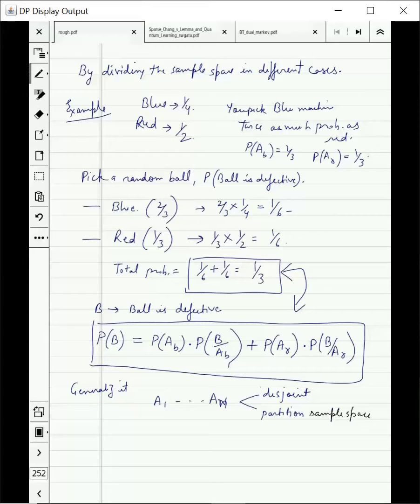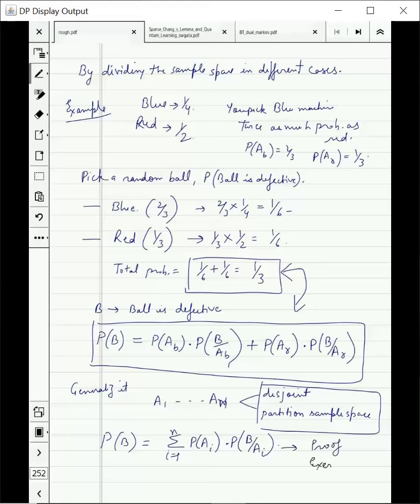So if these two conditions are satisfied, very important, the probability of an event can be calculated by just going over all possible cases and calculating the conditional probability of the event given these cases. The proof of this is not very hard and is an exercise for you. Make sure that you do this exercise and you can derive this.